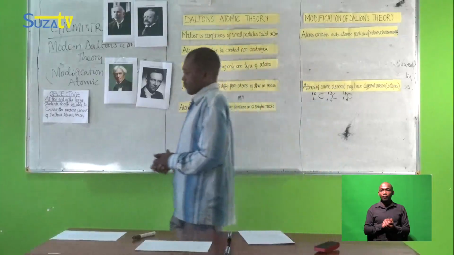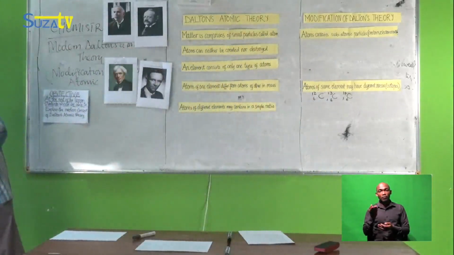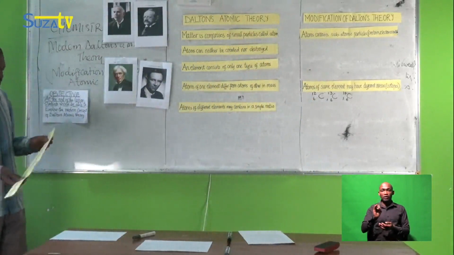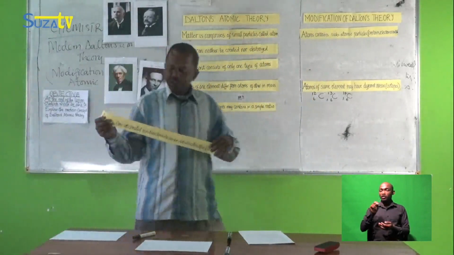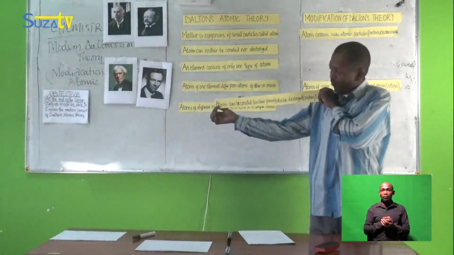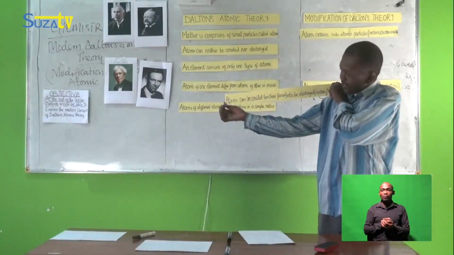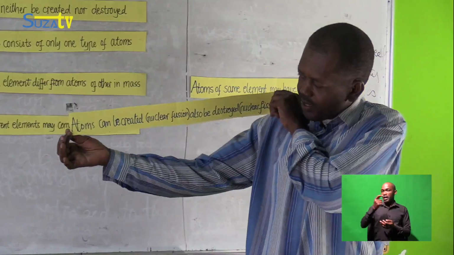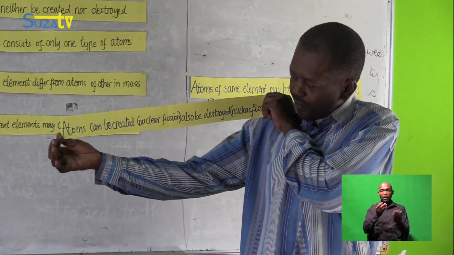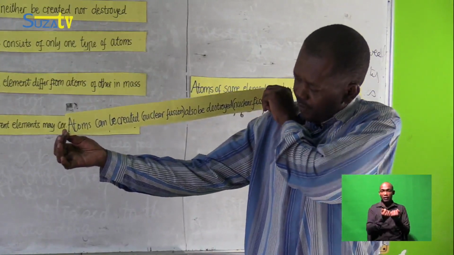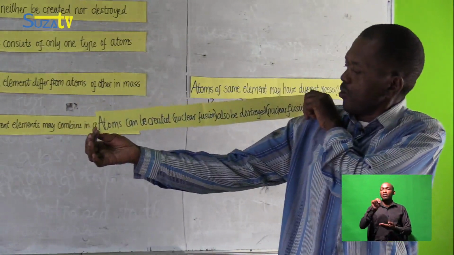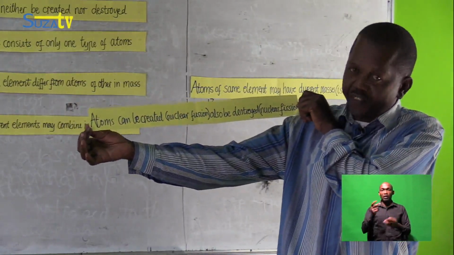So another modification of Dalton atomic theory, we have this one. An atom can be created by nuclear fusion, and also be destroyed by nuclear fission.